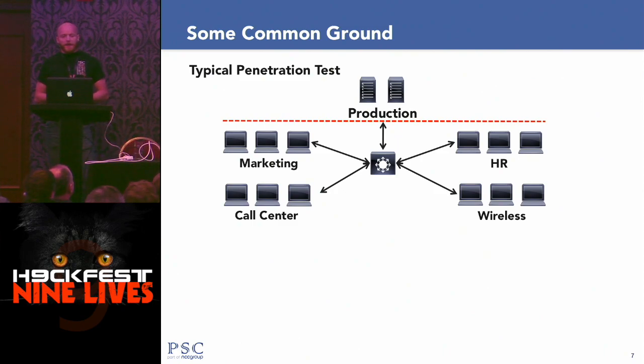Like I said before, PSC, the company I work for, is primarily a PCI company. For those of you who aren't familiar with PCI, PCI is the payment card industry, so we're concerned with protecting your credit card information. Often our goal for a penetration test is the cardholder data environment.